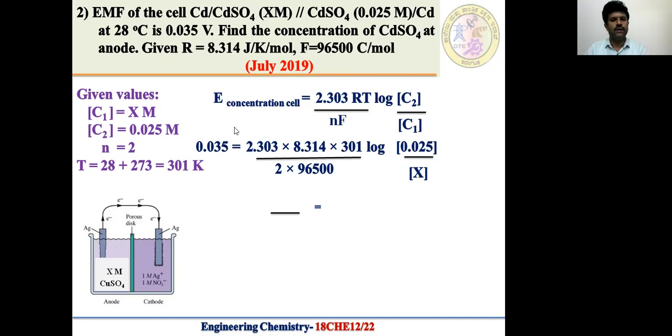So the suitable expression for EMF is E concentration cell is equal to 2.303 RT divided by NF log of C2 divided by C1.